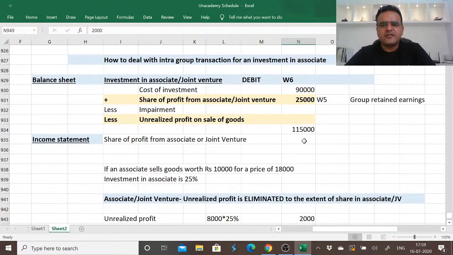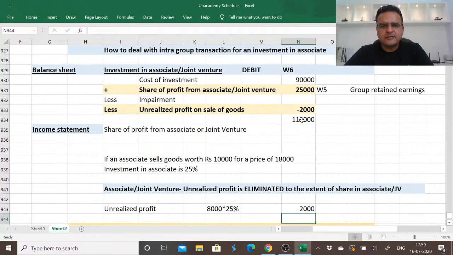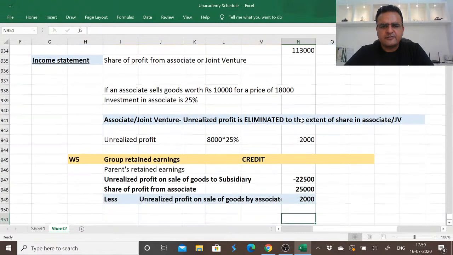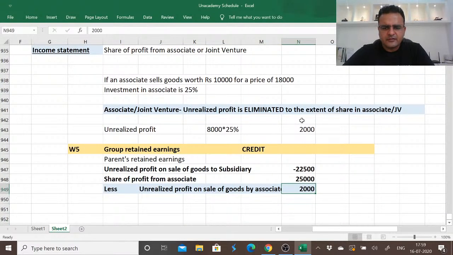So when we treat unrealized profit, we need to treat minus 2,000 here, as well as minus 2,000 there.